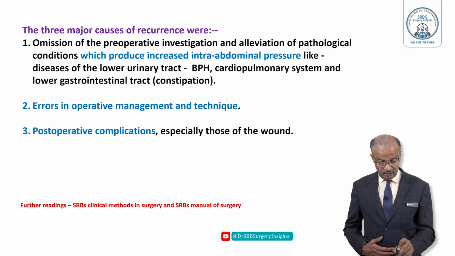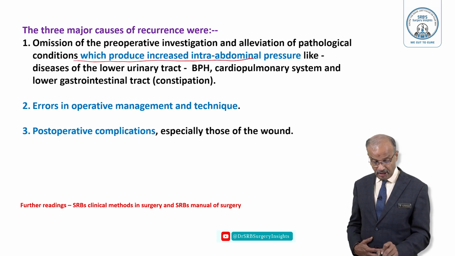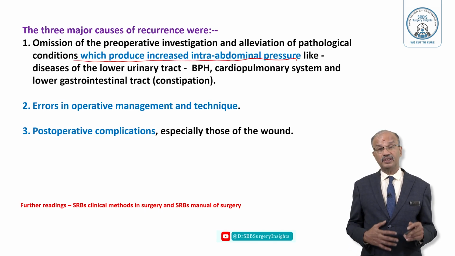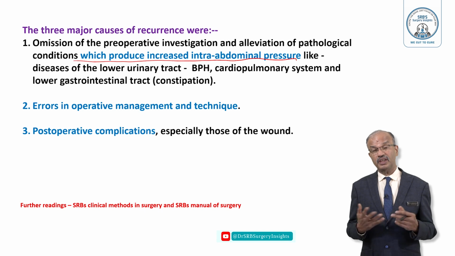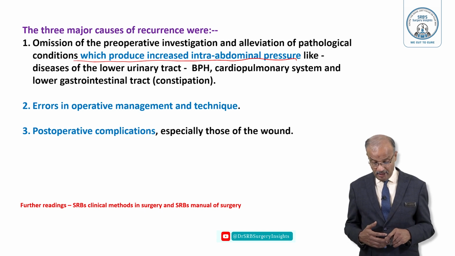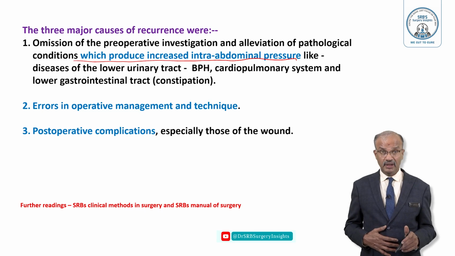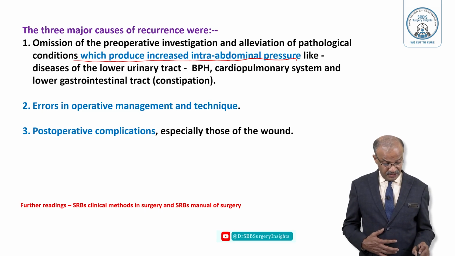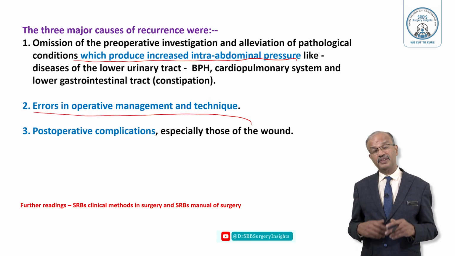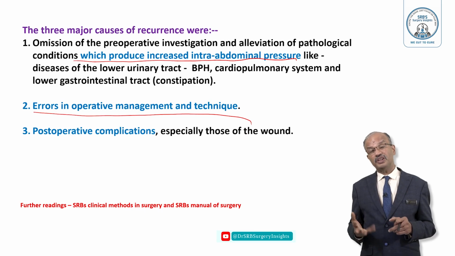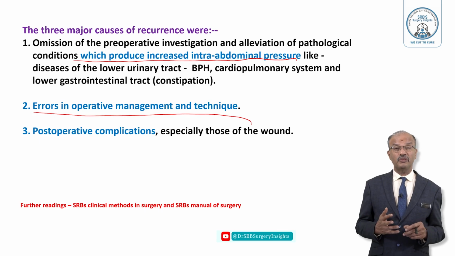The three major causes of recurrence are classified as follows. First, omission of preoperative investigation and alleviation of pathological conditions which produce increased intra-abdominal pressure. If you don't treat BPH, don't take care of the pulmonary system, don't treat constipation, and just repair the hernia with mesh, then recurrence can occur. Second, errors in operative management and technique. Selection of mesh size is difficult, mesh fixation is wrong, and mesh migration can happen because of improper fixation.